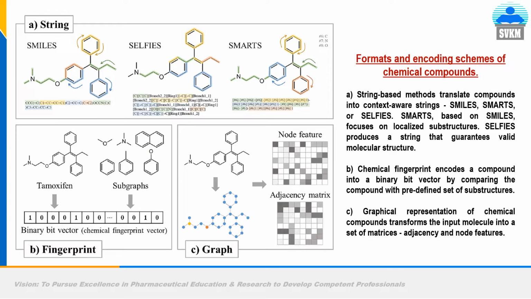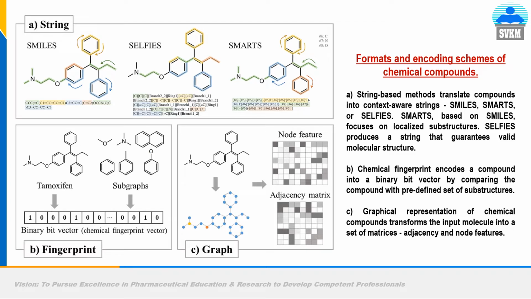We talk about A, string based methods that translate compounds into context aware strings. String means a series, a rope-like line structure. Context aware means each upcoming letter or symbol, the word or atom or bond, is aware of the preceding sequence.